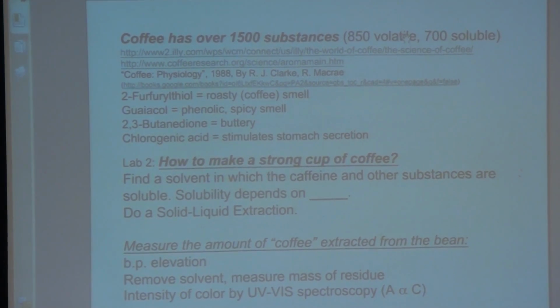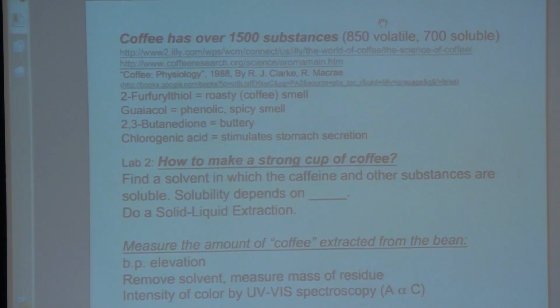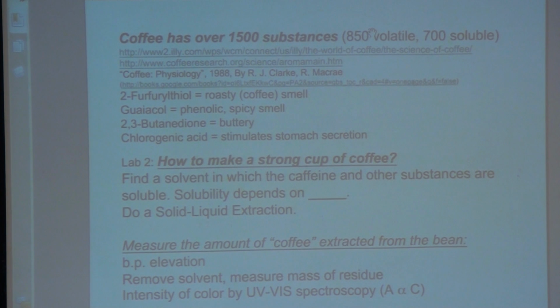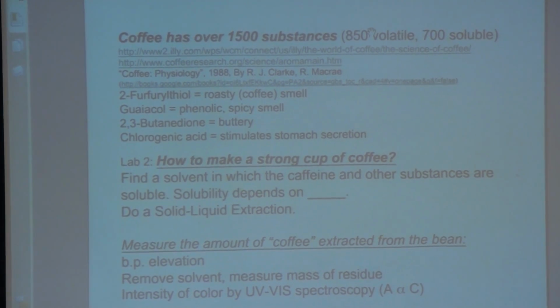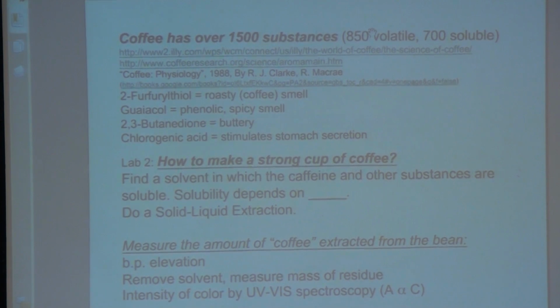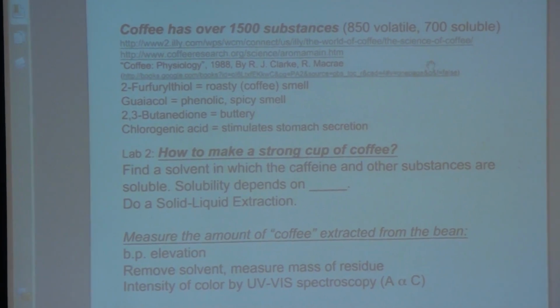So these volatile substances mean that they have a high or low vapor pressure? Actually, high vapor pressure. Yeah. So these are the substances, at least some of these substances, which are volatile, give the smell or the aroma of coffee. And then you have 700 soluble substances, and this means soluble in water.